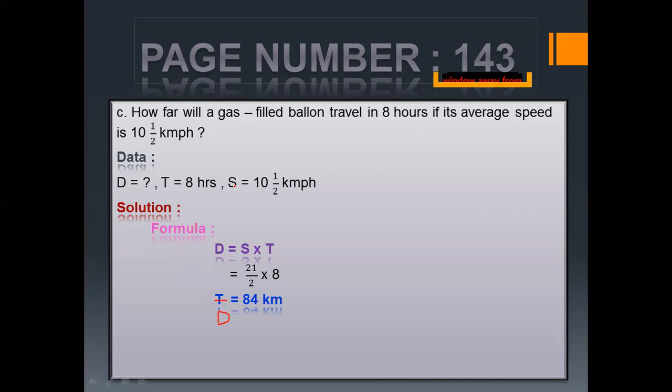Kilometer per hour is a unit of speed. D is equal to S multiplied by T. Here distance is unknown. We multiply 21 over 2, again 10 whole number 1 by 2. When we calculate it, 10 multiplied by 2 is 20 and 1, 21 over 2 multiplied by 8. After the calculation, 84 kilometer will be the required distance.